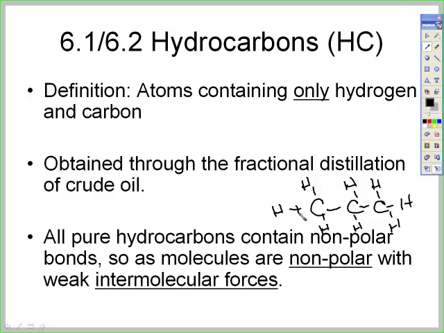So they would all be nonpolar bonds, which means the electrons are not moving in any one direction in this molecule, which means the molecule is not sticky. There's not a positive or a negative end to this molecule, which means its IMFs, or intermolecular forces, are very weak. And you know that because at room temperature, propane is a gas, so it has a tendency not to stick to itself, but just kind of float away from each other.